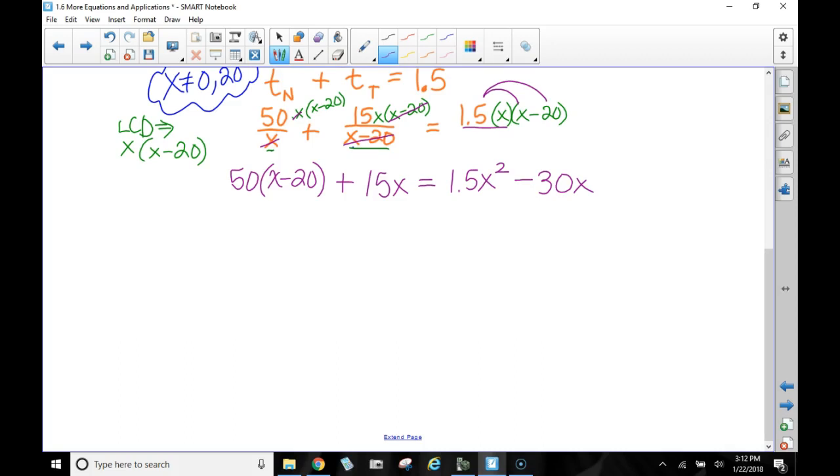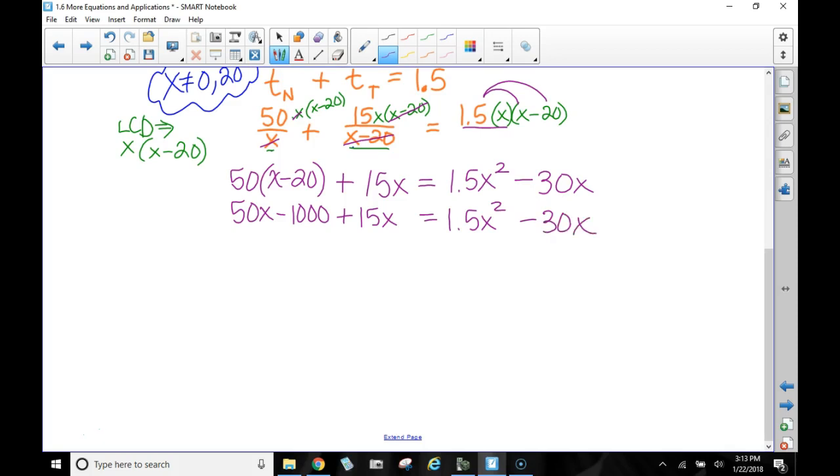So first of all, run the 50 through on the left-hand side. We'll have 50x minus 1,000, is 50 times 20, plus 15x equals 1.5x squared minus 30x.